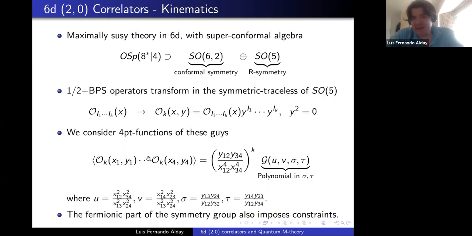Because we have only a finite number of y's, this function is just a polynomial in sigma and tau, while in U and V it can in principle be a horrendous function. In sigma and tau, it's just a finite order polynomial of order K, and that's all we have. So the fact that we can write the 4-point function like this is a consequence of the bosonic part of the symmetry algebra. We will see that the fermionic part of the symmetry group will also impose constraints, but I will talk about this later. Are there any questions?